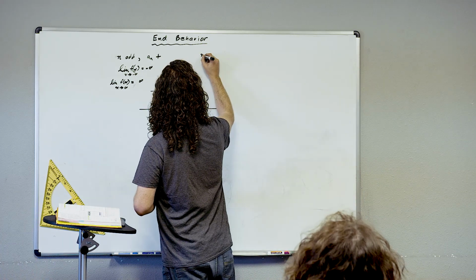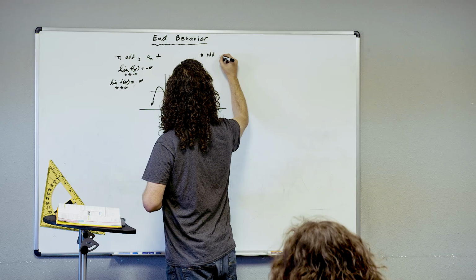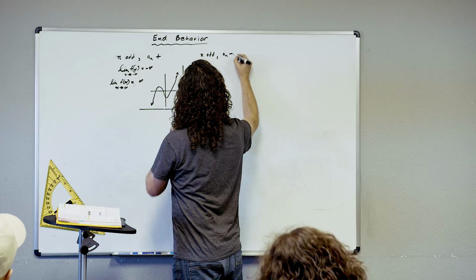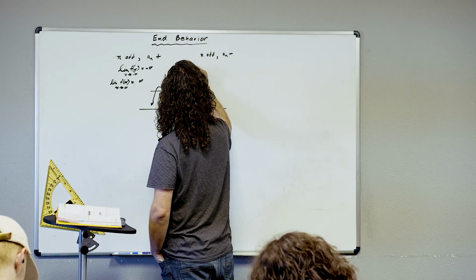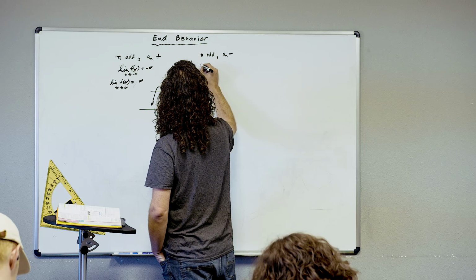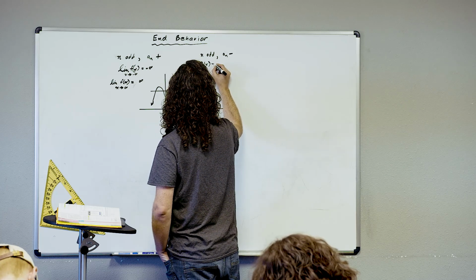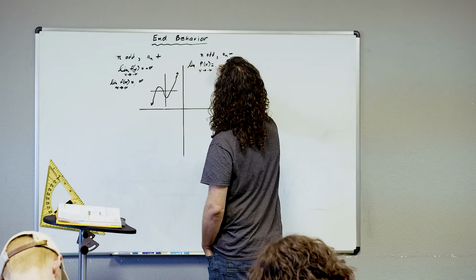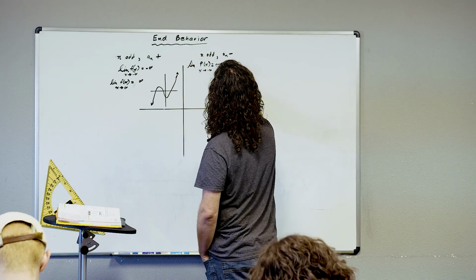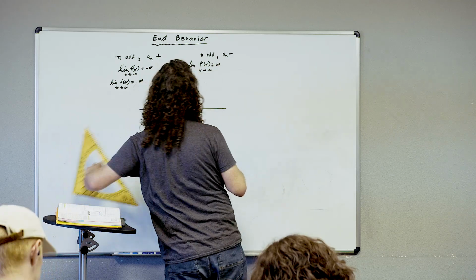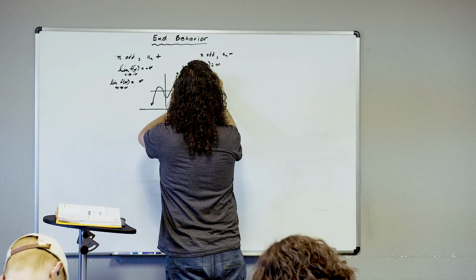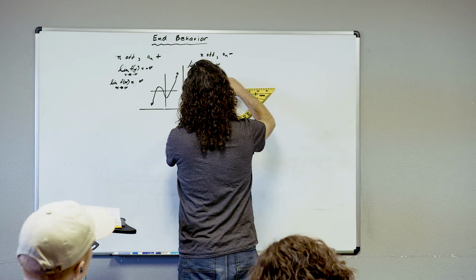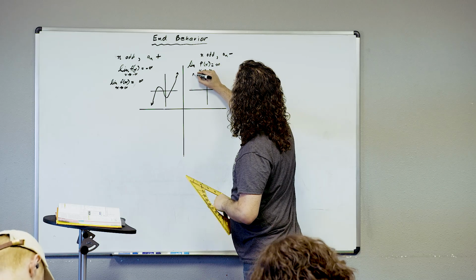Okay, if n is odd and a sub n is negative, then it has this kind of end behavior. The limit of f of x as x approaches negative infinity is positive infinity. So as we're building our little graph, it's going to be up this way, right?